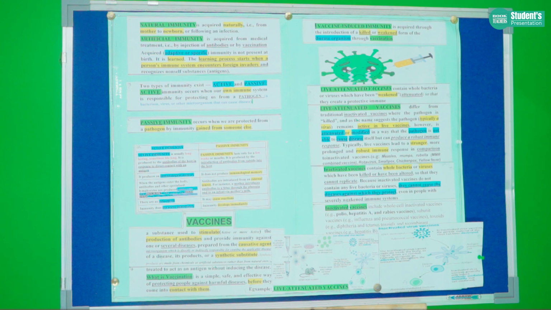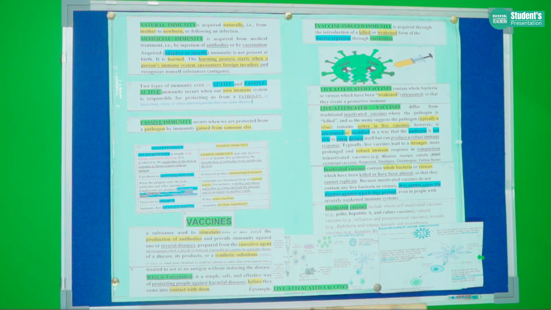A bacterium or virus or other microorganism that is responsible for causing any disease. तो अगर आपका खुद का immune system उसको protect करने के लिए capable है, then it comes under active immune system. Thereafter passive immunity occurs when we are protected from the pathogen by immunity gained from someone else. This kind of immunity is always gained from someone else.